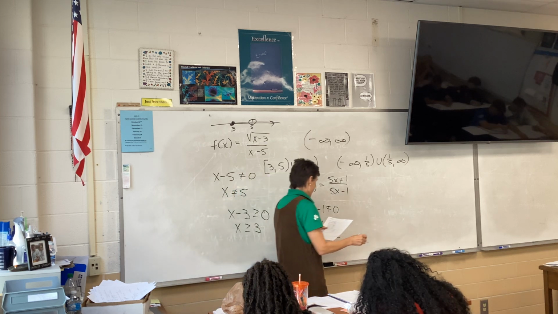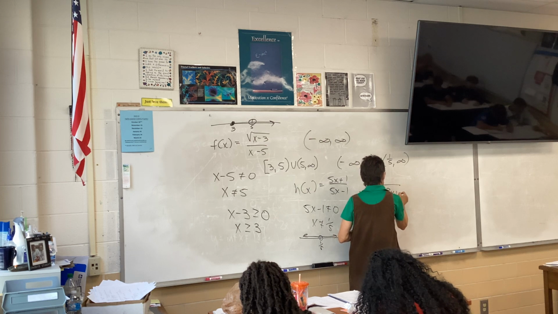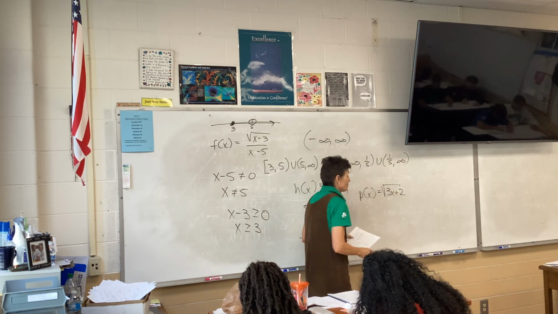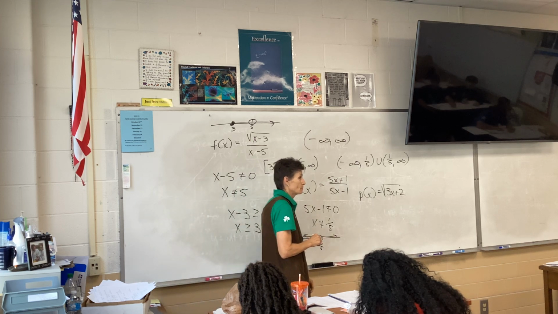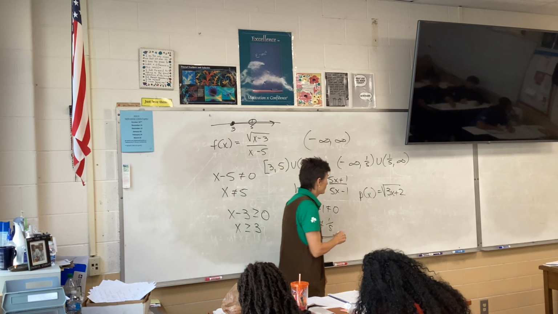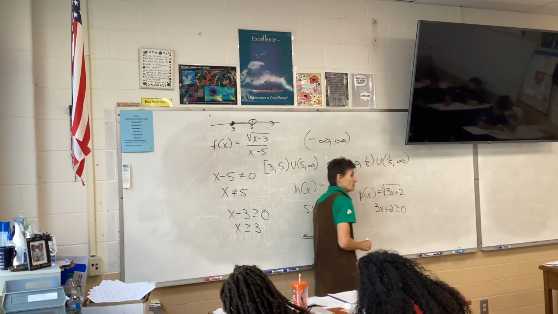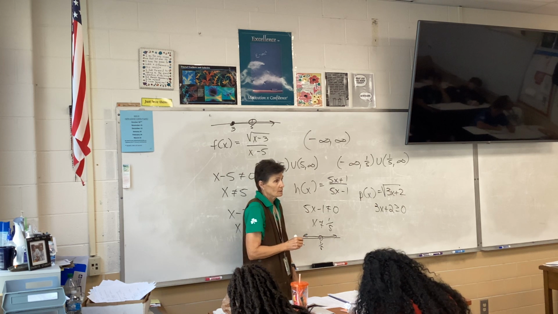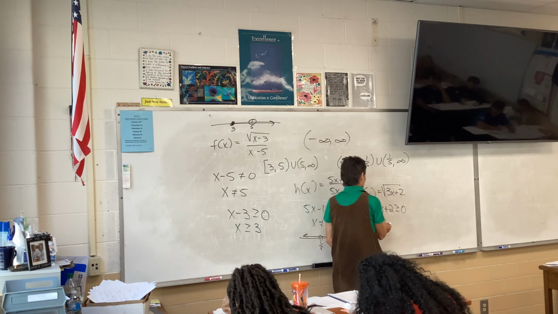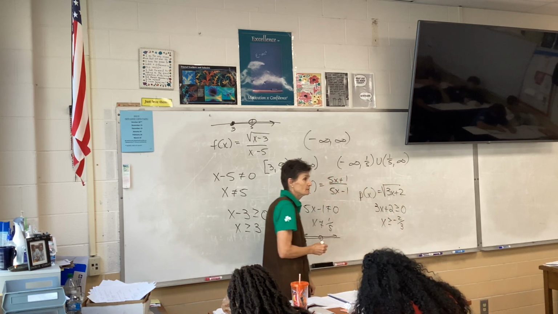D. What's this domain? 3x plus 2 is greater than or equal to 0. Yep, it's a radical. Whatever's under a radical has to be greater than or equal to 0. So that means x has to be greater than or equal to negative 2/3.